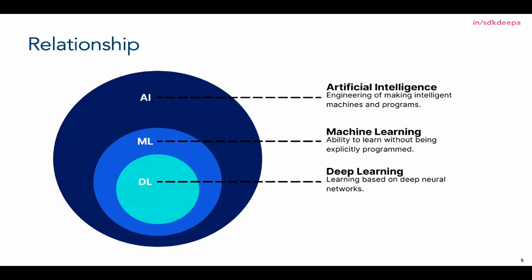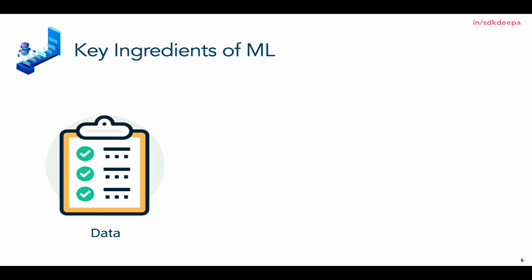On a larger set, you have AI, and that enables intelligence in systems. Then you have machine learning, which is the actual implementation, where you make the algorithms. And then deep learning would be a class of algorithms that would drive the machine learning. So that is a very small nutshell of what these terms are.